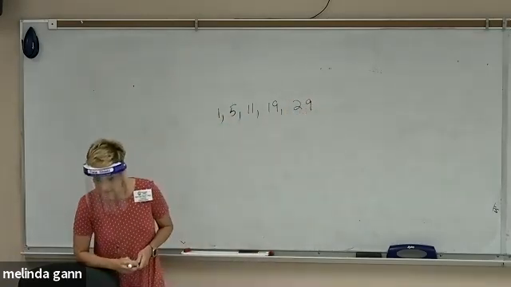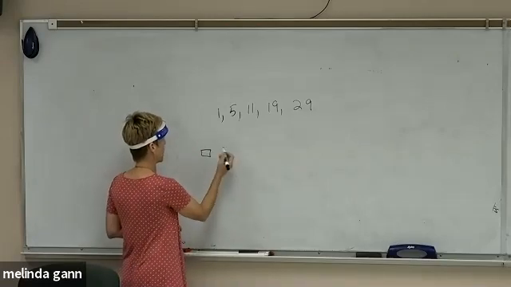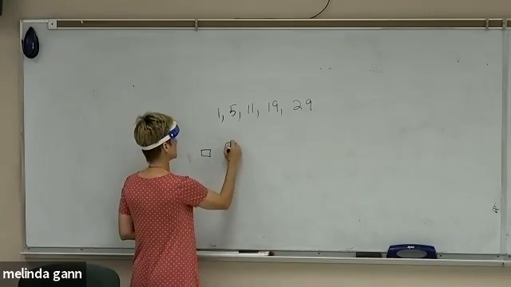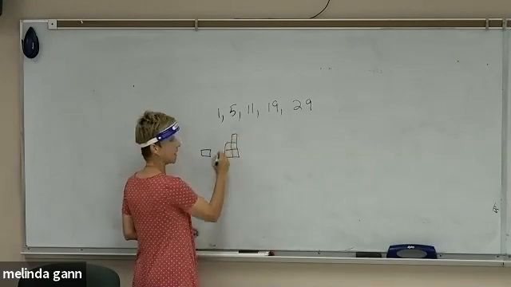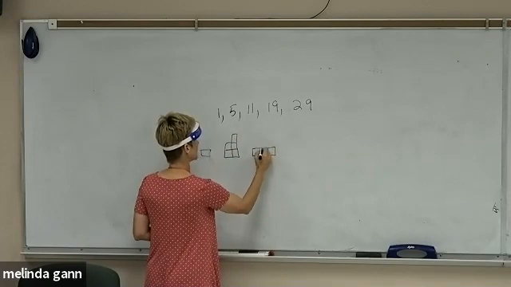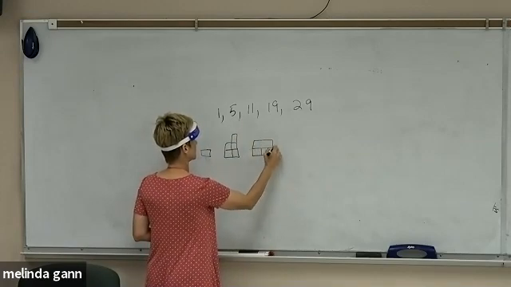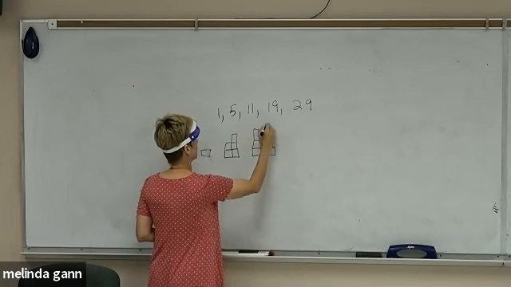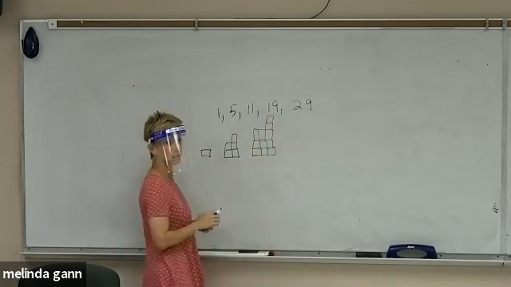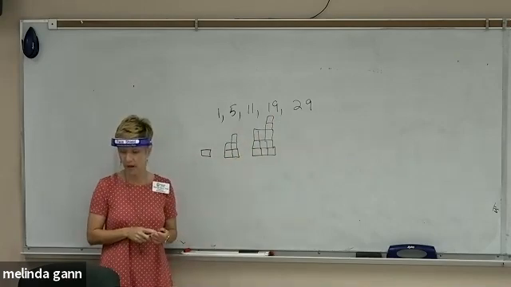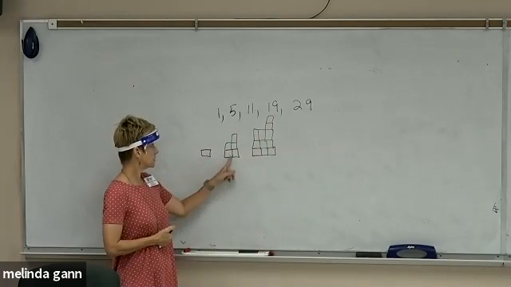Now, here's what they asked me. What are they doing every time? They've got this one little square, and then the next time, they've got this, and they've got one more, right? And then the next time, they've got this, and then this, right? So what's happening every time when they draw the next picture? What's happening to that bottom one?